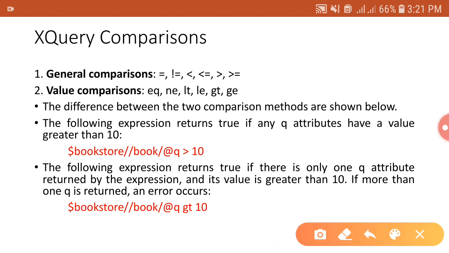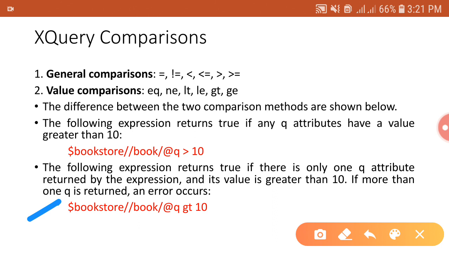See the second example of value comparison. This expression returns true if there is only one Q attribute returned by the expression and its value is greater than 10. If only one attribute is returned, then and only then this expression returns true. If more than one Q is returned, then an error occurs here.